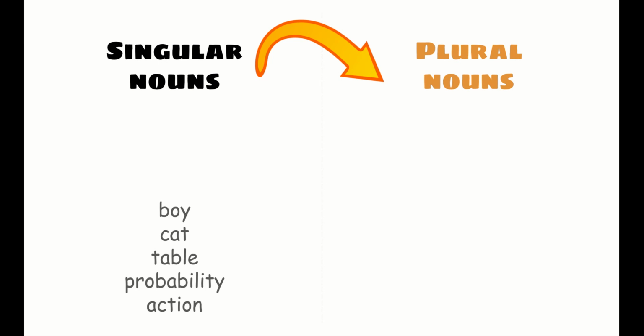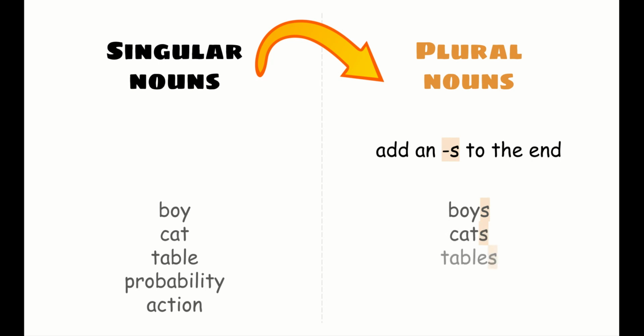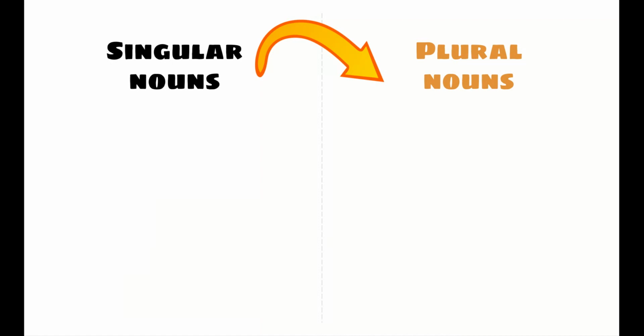So the word boy is singular, but to make it plural, we add an S to the end and say boys. Cat, to make plural, will be cats. Table, tables. Probability, probabilities. Action, actions. These are singular and plural nouns. It's plural when you add an S.